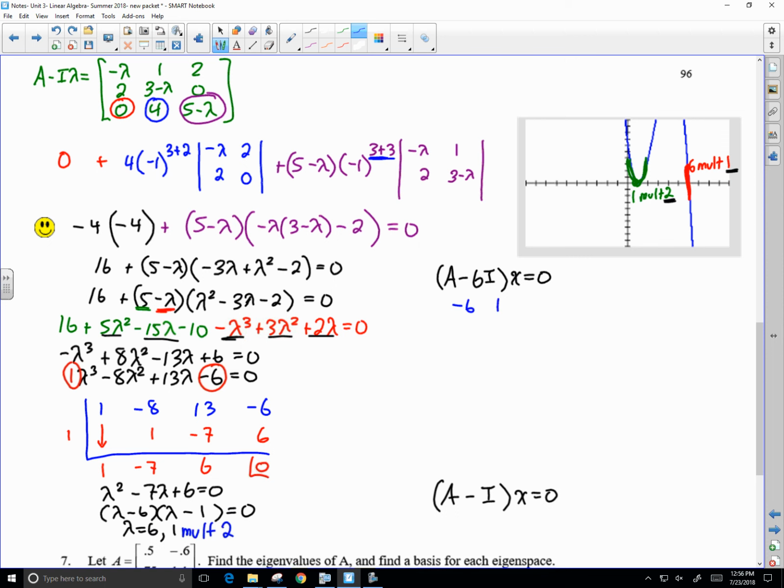Negative 6, 1, 2, 0, 2, negative 3, 0, 0, 0, 4, negative 1, 0. I'm going to need a little space below that. No, I'm just going to do it on my handheld. It'll be a little quicker.